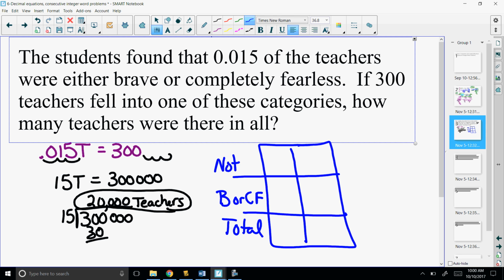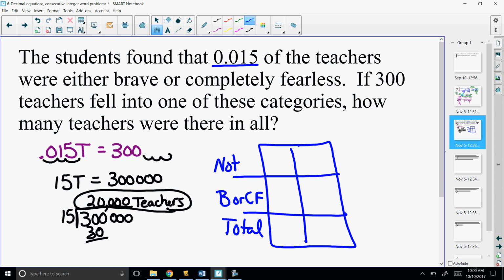Read this number to me again right here. What is it? 15 thousandths. That means 15 out of how many? 1,000 are completely fearless or brave. 15 thousandths of the teachers are either brave or completely fearless. 15 thousandths, I can show that as a fraction, 15 over 1,000.